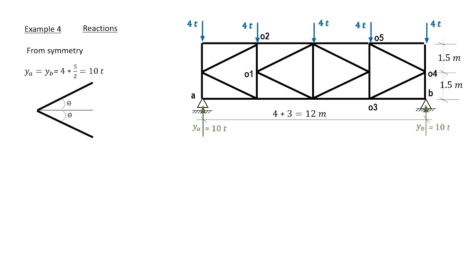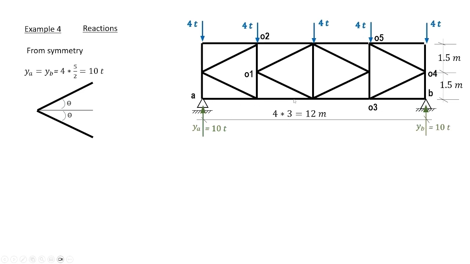Now we consider O1. We consider the inclined members to compute the angle theta. Each member here is inclined to the horizontal by the same angle theta. This is because O1 is really in the middle of this vertical member, and the dimensions here are 1.5 meters and 1.5 meters.